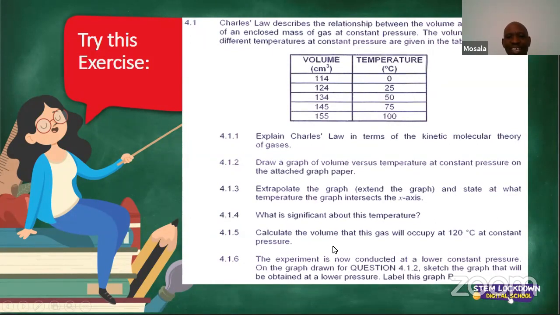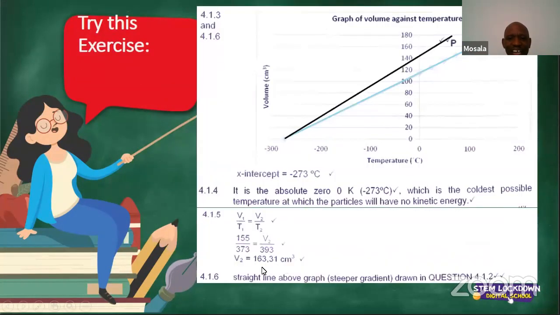So that is where these values are coming from. So it will be 155 plus 373 temperature. This will be the volume, and V2 is unknown, then V2 will be equal to 163.31 if you calculate it here.